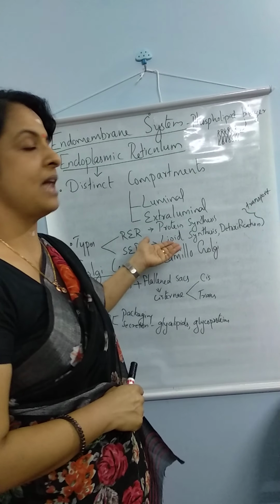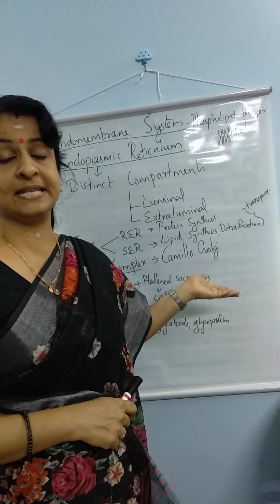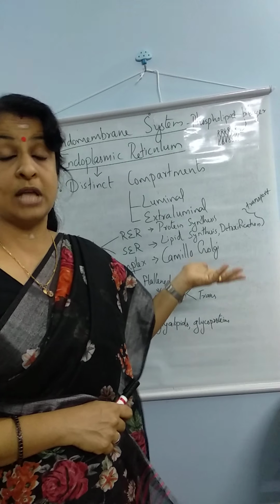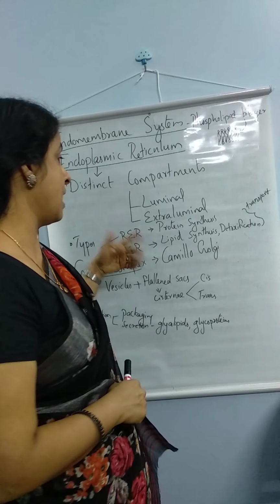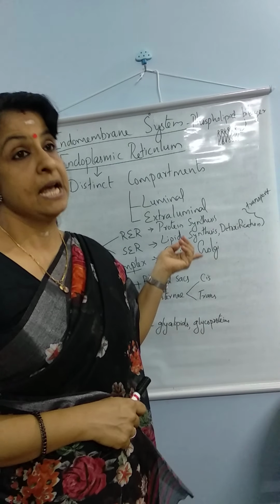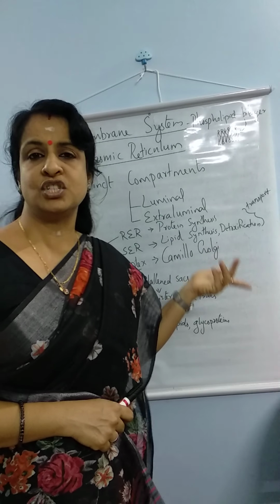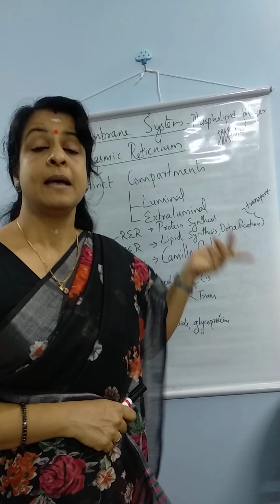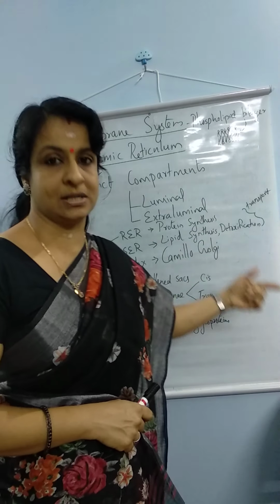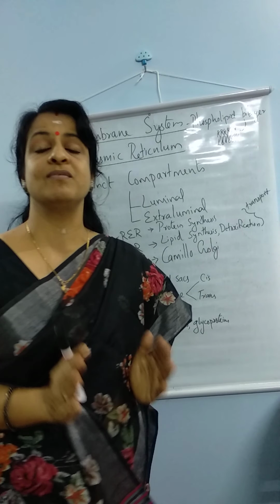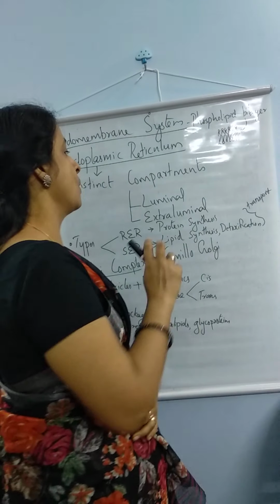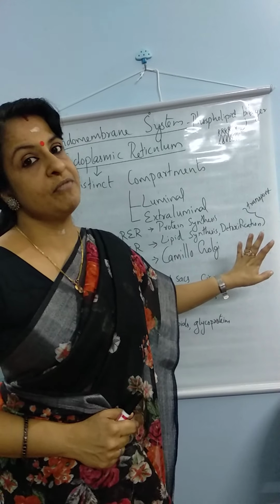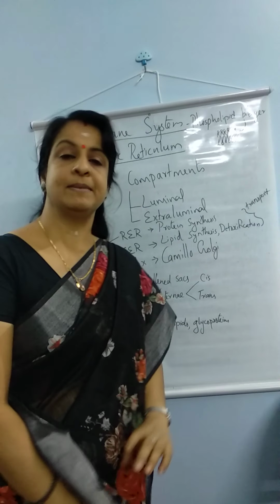In the human body, they are present in gonads. Gonad cells have a large number of smooth endoplasmic reticulum. In the same way, liver cells have a large number of smooth endoplasmic reticulum because it helps detoxification. The liver is the organ which does detoxification. Transport is a common function for both types of endoplasmic reticulum.